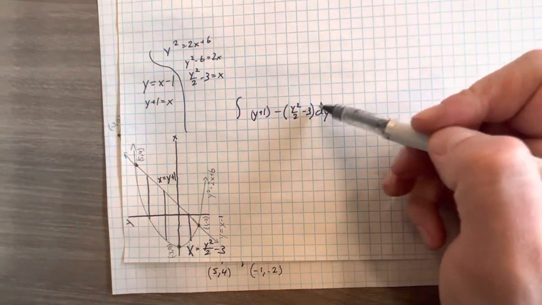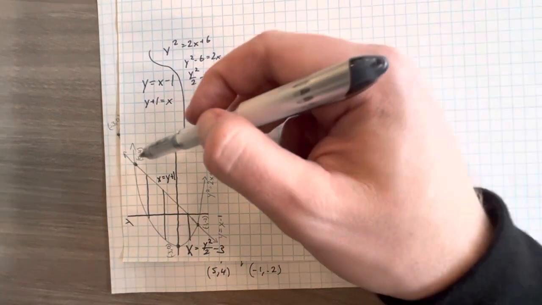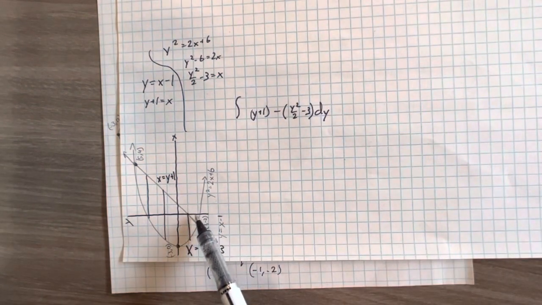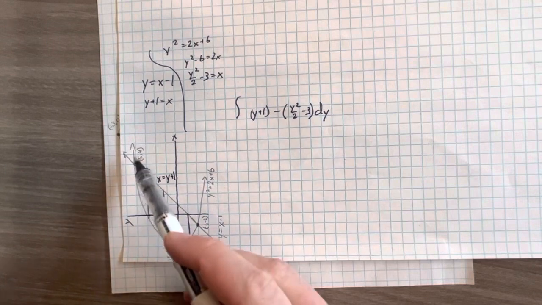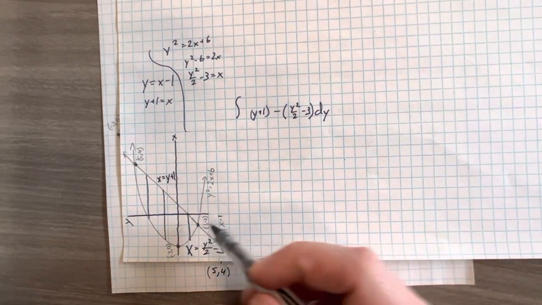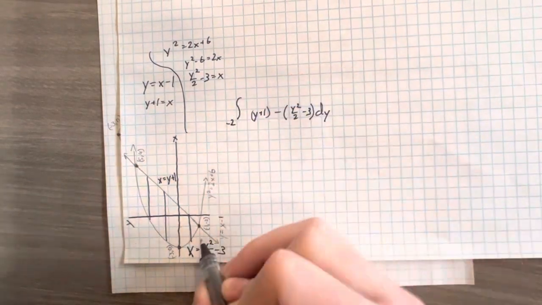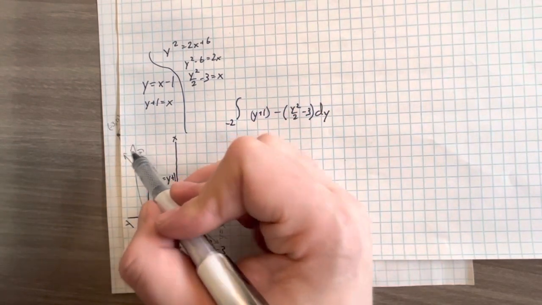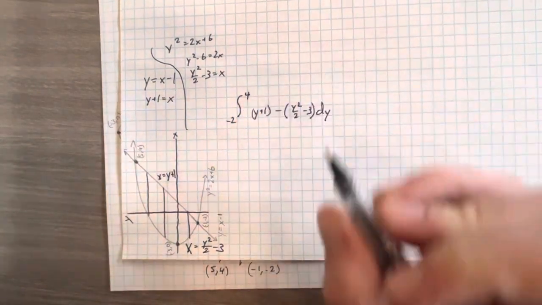Now remember, we're with respect to y. So looking here, we mark these points. What is the smallest y value? Here we have 4 as a y value, 0 as a y value, and we said -2. So -2 is our smallest y value, and we're going all the way up until we hit our largest y value, which is 4.